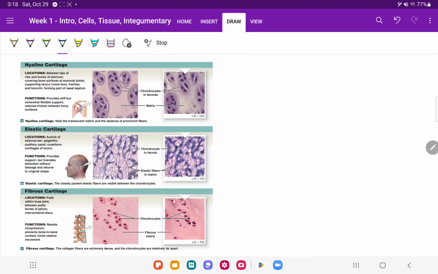Although it's tough and somewhat flexible, this is also the weakest type of cartilage, right?